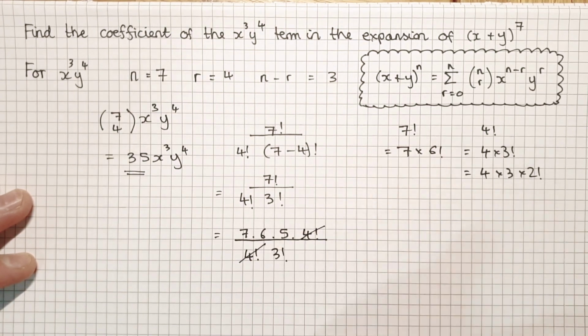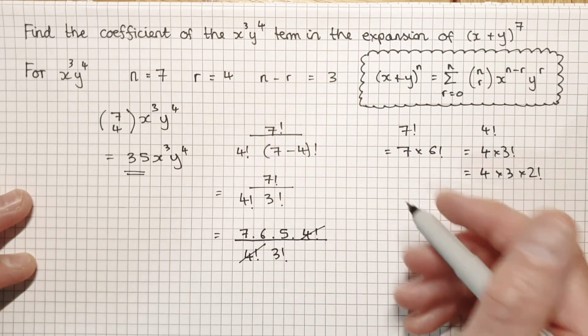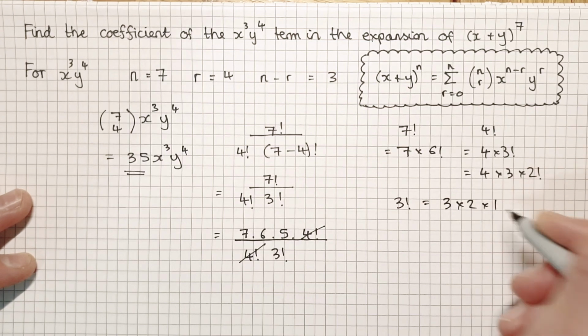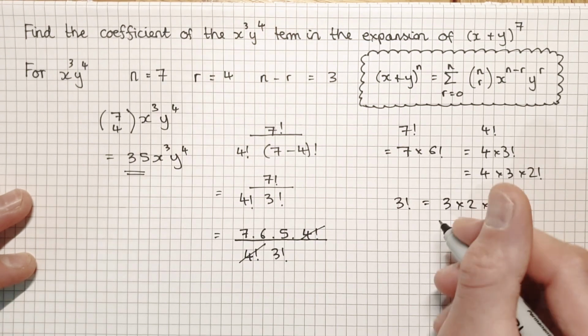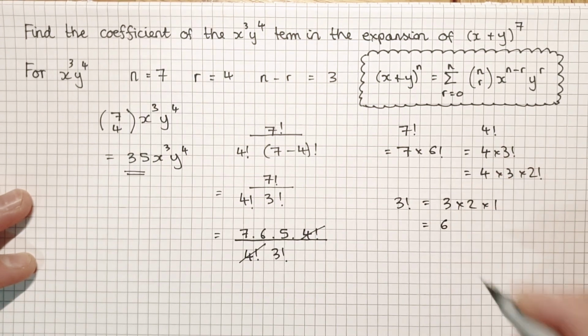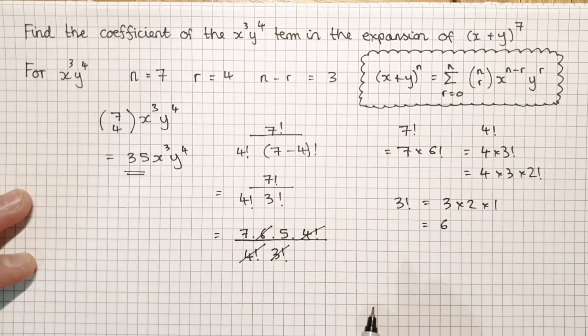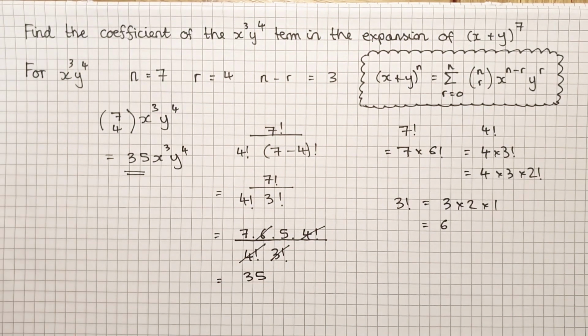Score out that common factor and cancel those out. Now 3 factorial is a nice easy one to do because 3 factorial is just 3 times 2 times 1. The times by 1 is kind of irrelevant. So 3 times 2 is just 6. So 3 factorial is 6. So that and that can cancel out. So all we're left with is 7 times 5, which gives us 35. So you can either do it by hand or using a calculator.